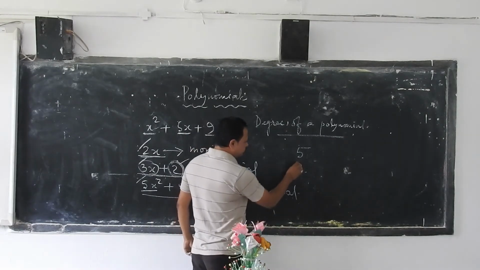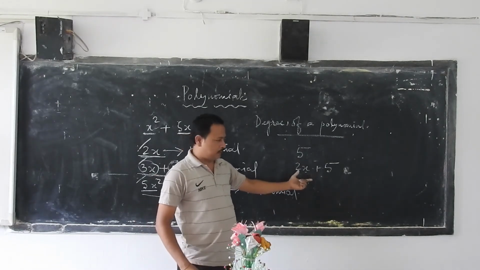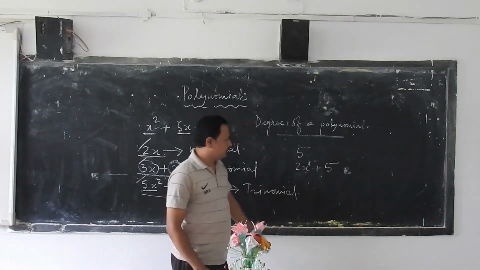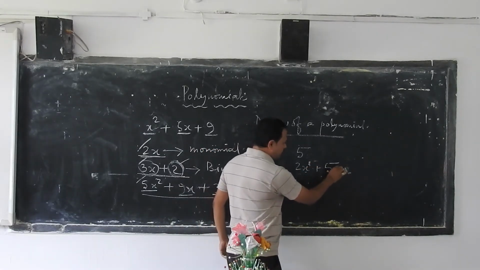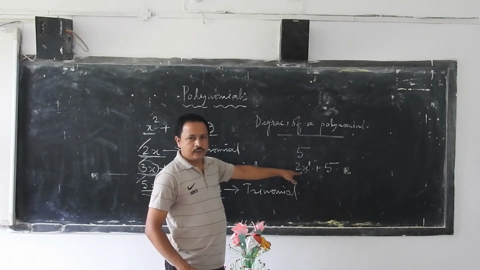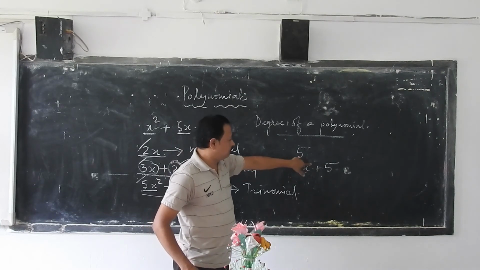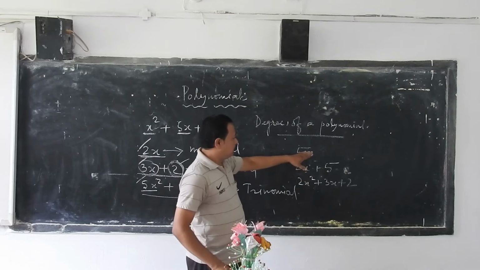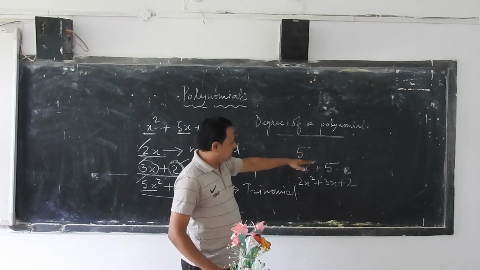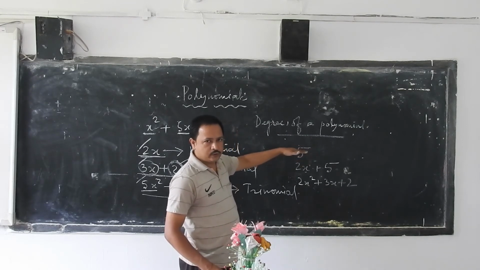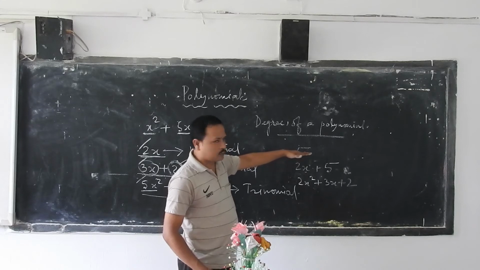Now, what is the degree of this polynomial? Here the power of the variable is 1, and here no variable, that means 1 is the highest power in this polynomial. So the degree of this polynomial is 1. The degree of this polynomial is 2. Now, according to the degree of a polynomial, this one is a constant polynomial, because the term of this polynomial is a constant term.